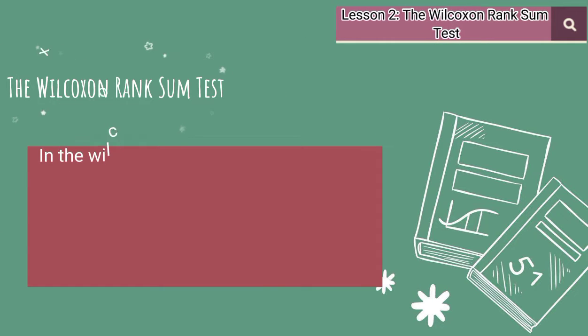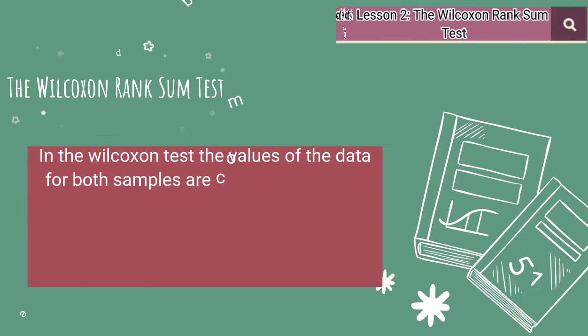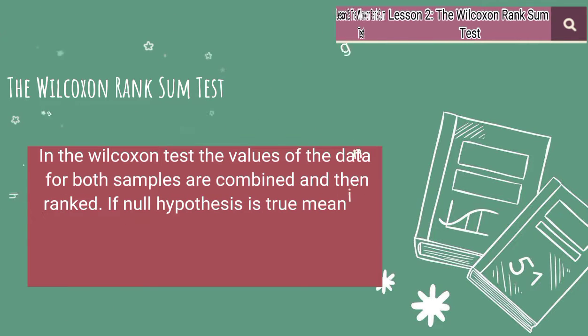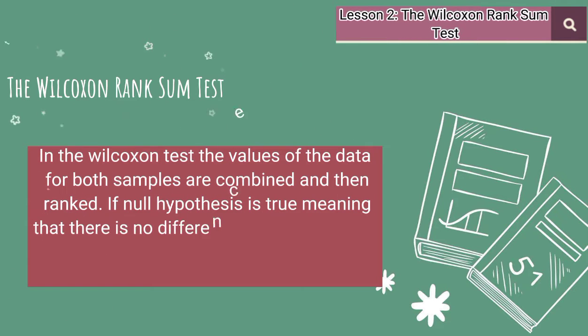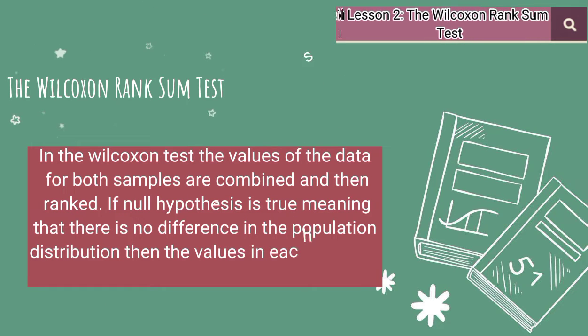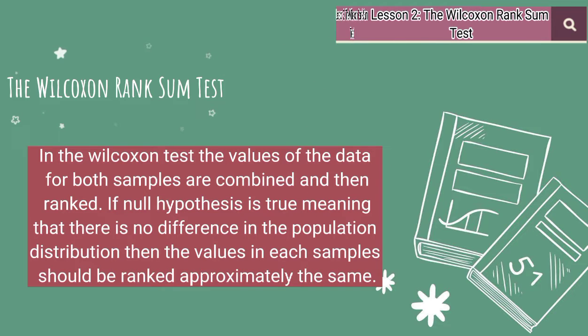In the Wilcoxon test, the values of the data for both samples are combined and then ranked. If the null hypothesis is true, meaning that there is no difference in the population distributions, then the values in each sample should be ranked approximately the same.